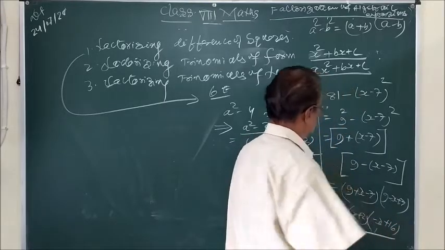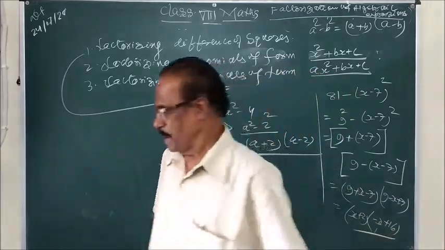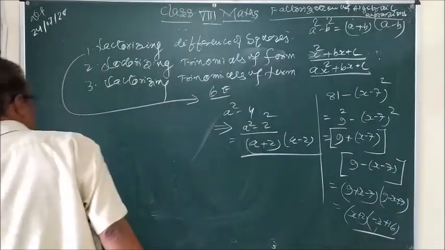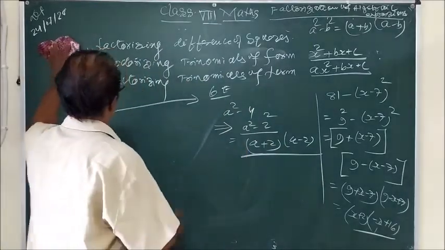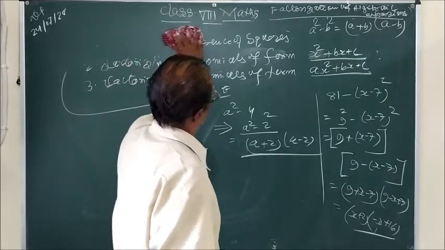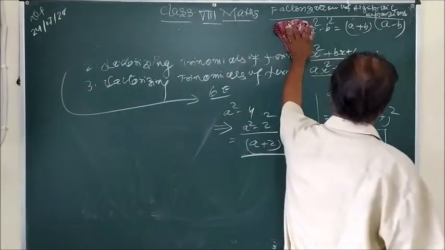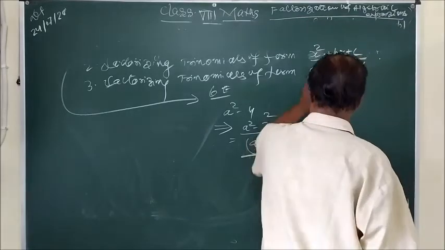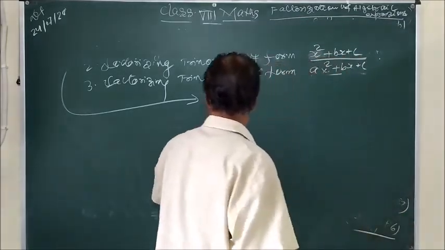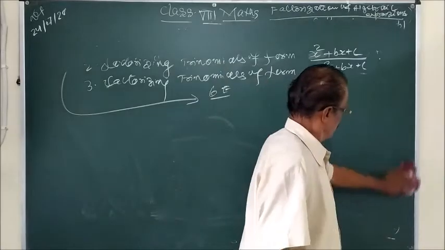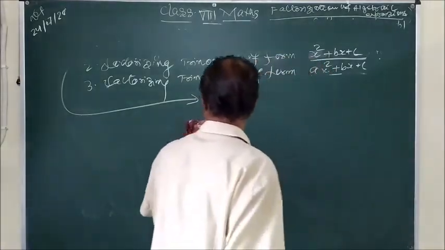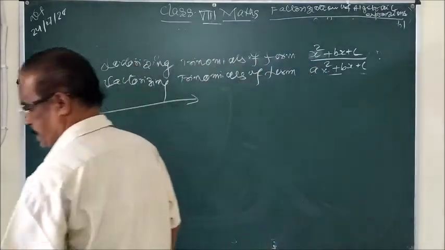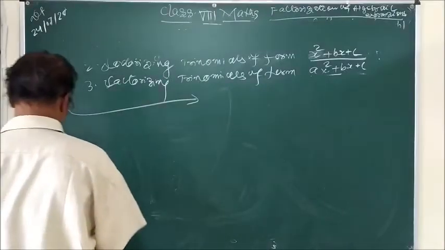So these are the factors of this. So, my dear students, you will try to solve, and if the questions are not given in that form, you will try to obtain the form a square minus b square, and then you will use that identity.